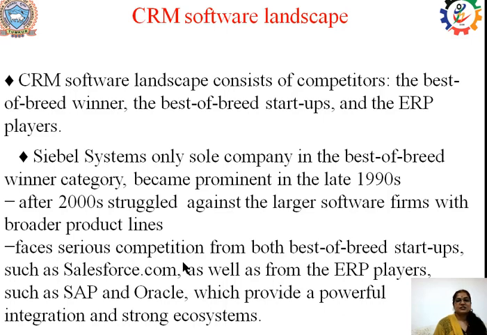It faced serious competition from best of breed startups, for example, Salesforce.com, a startup company in the best of breed category, as well as ERP players, and whenever I say ERP players, understand that SAP and Oracle come into that. So it could not compete with these players who later became powerful because of their strong ecosystem.